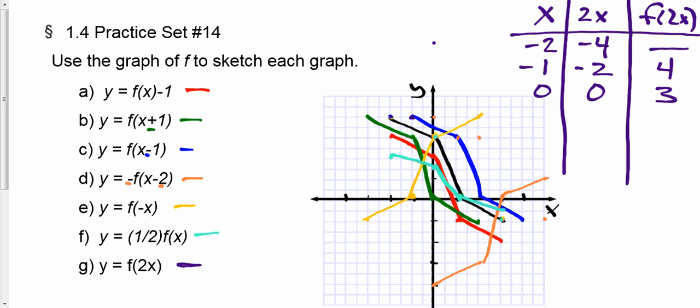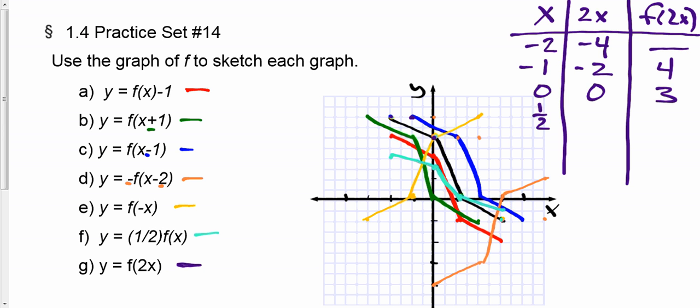So my next ordered pair is going to be 0, comma 3, which just happens to be the same as it was for f. So there's my first line segment right here, but I'm not going to connect the dots until all my dots are put in. I'm going to do 1/2.